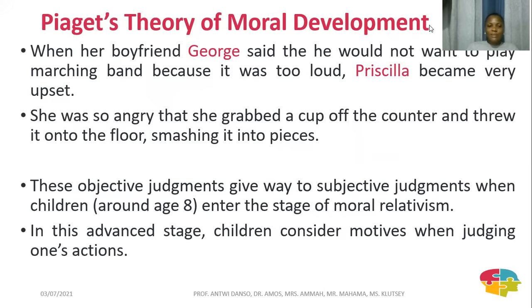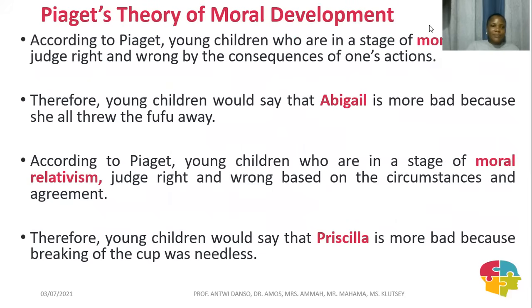In this advanced stage, children consider motives when judging actions. So in this example, which reasoning did Priscilla display and which reasoning did Abigail display? I just want you to think about it and see which of Piaget's reasoning each of these people falls under.